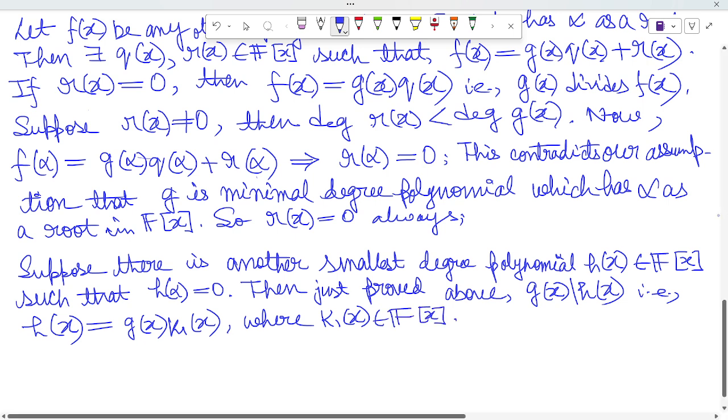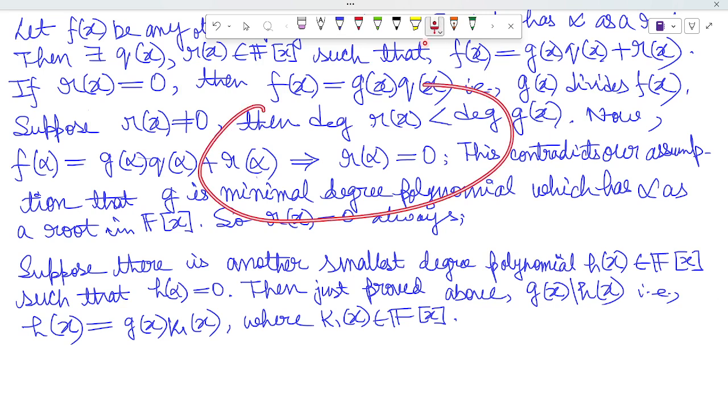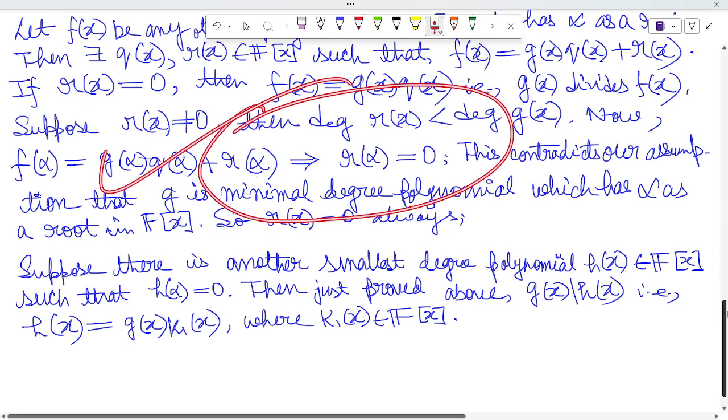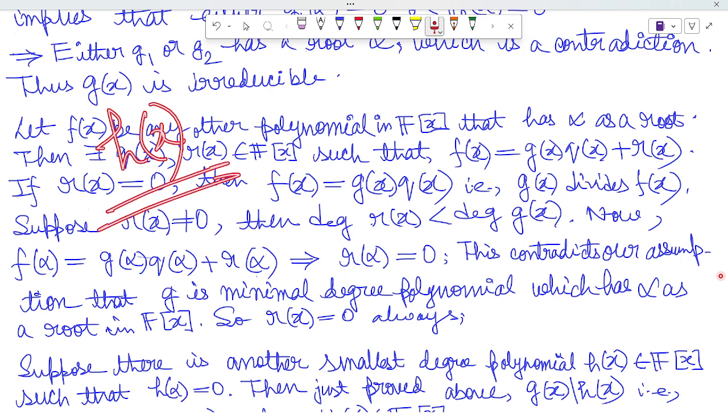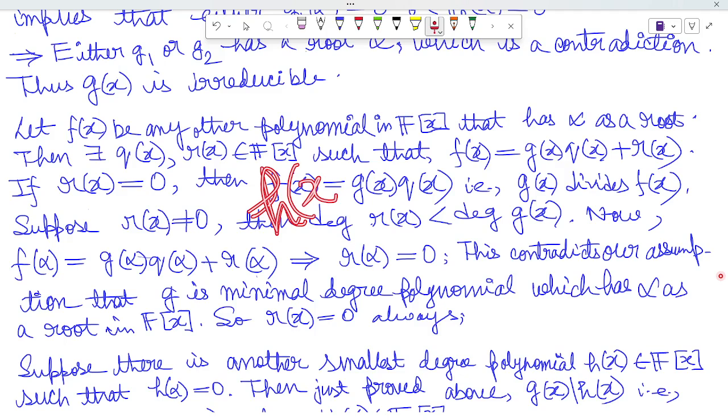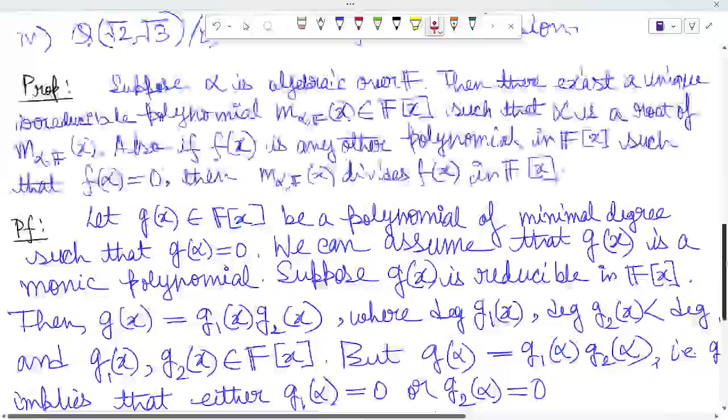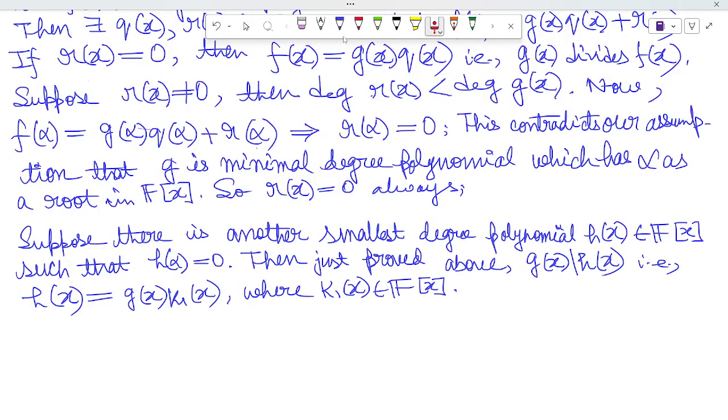Now, if we start the proof with h(x) and interchange the roles of h and g, then h(x) also divides g(x), because h(x) is a smallest degree polynomial and g(x) satisfies alpha.